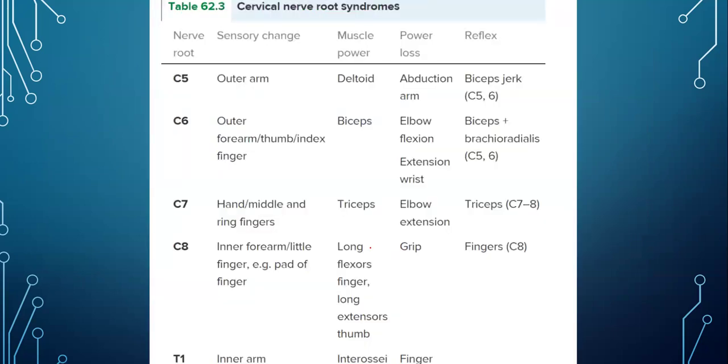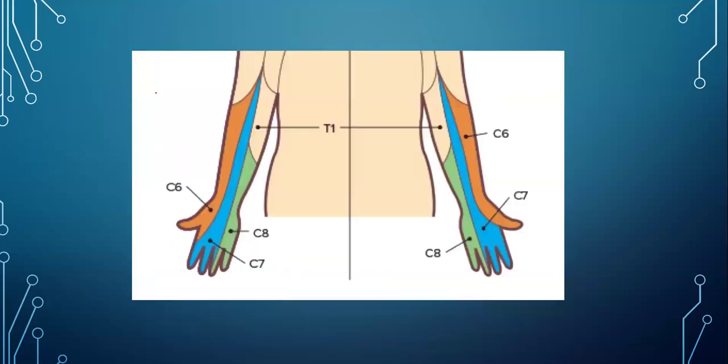For neck pain, it is a good idea to know the dermatome of the upper limb. So if you look over here, this is the dermatome. These nerves, C5 to T1, come from the brachial plexus of the neck, right? Each of these nerves supplies a specific part of our upper arm. So C5 supplies the deltoid area.